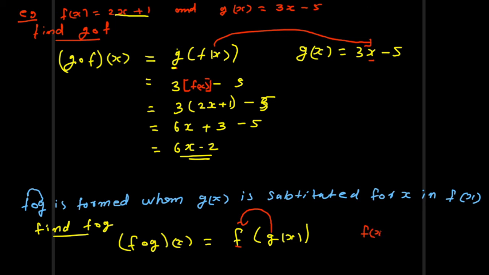What is f of x? f of x equal to 2x plus 1. Okay, so here you write this equal to 2, then replace x by g of x, plus 1.